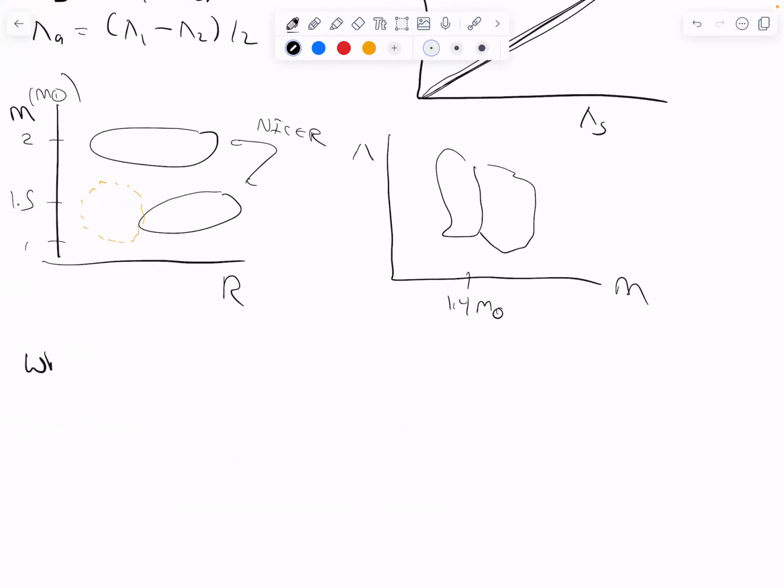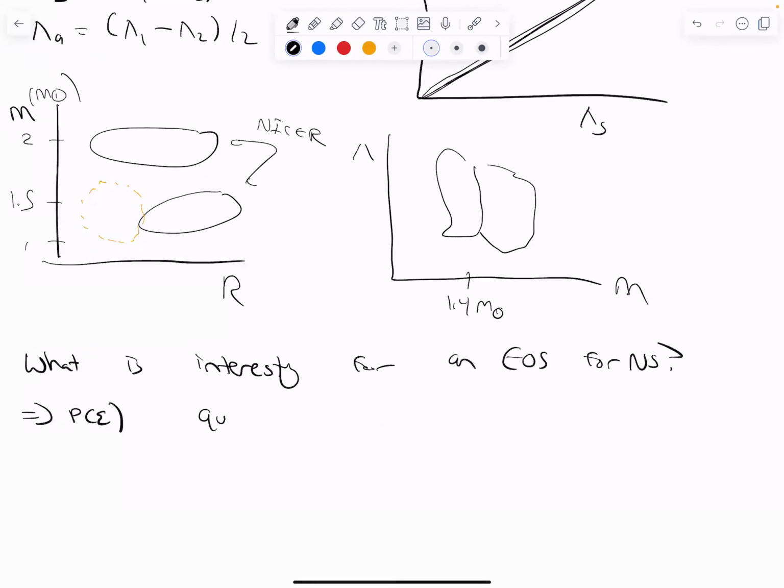So for an equation of state for neutron stars, the things that we want to know for the pressure versus energy: could we have quarks in the core of a neutron star?